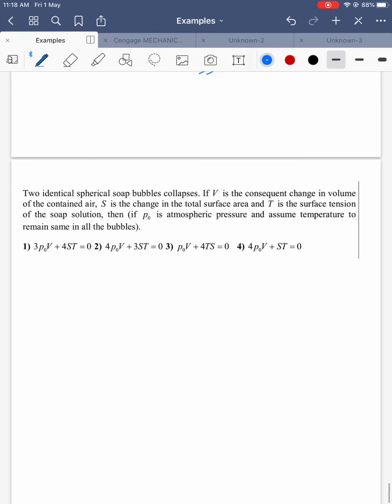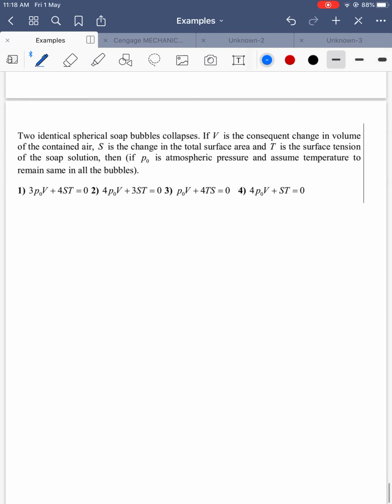Okay, let's see another question. Two identical soap bubbles collapse and combine on coalescence to form a single bubble. If V is the consequent change in volume of the container, read carefully, the consequent change in volume of the container.